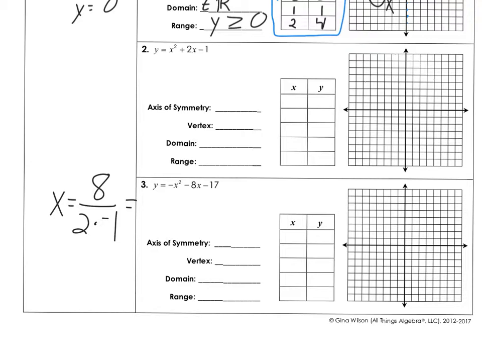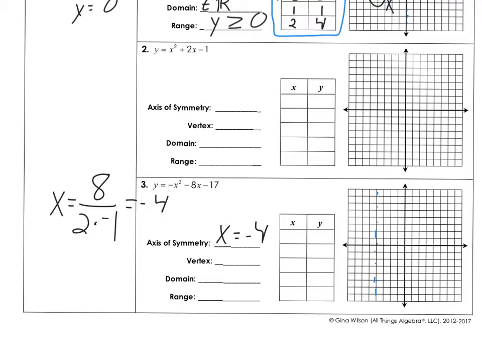So that turns into 8 divided by negative 2, which would be negative 4 is our axis of symmetry, x equals -4. I'm going to go ahead and graph that real quick. So that's that line right there, best I can.